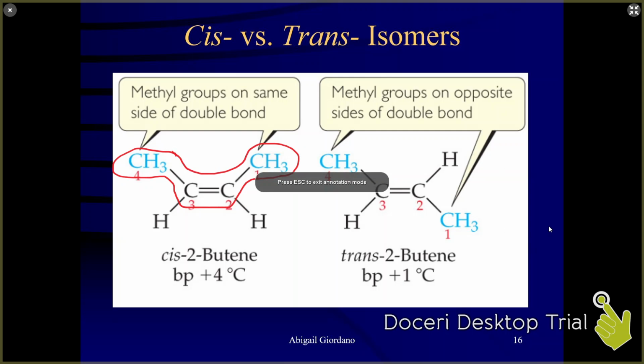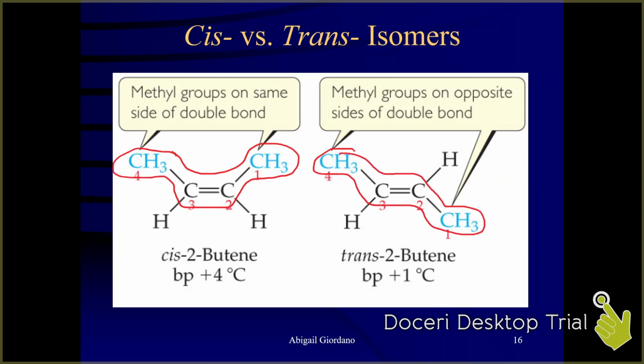In the image on the left, the ends of the carbon chain end up both on the top, whereas the image on the right has the ends of the carbon chain starting out on the top, but then it ends on the bottom.